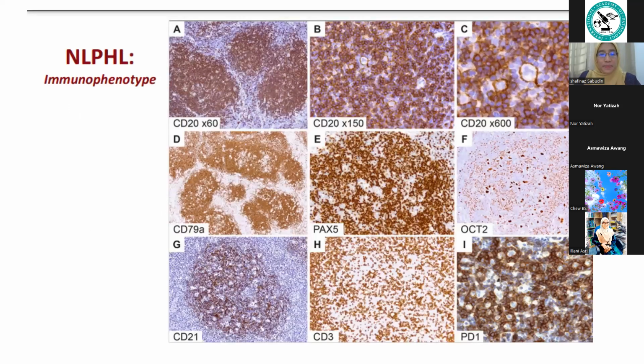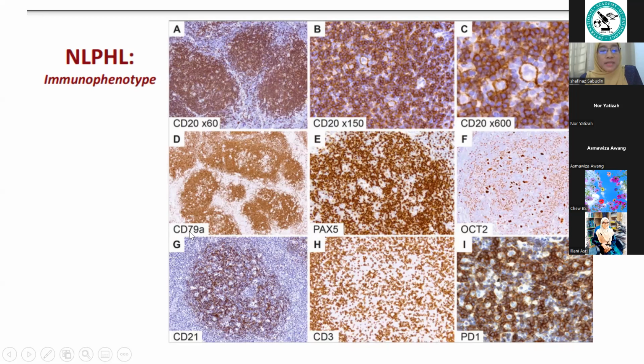Okay, these are some of the stains and how they look like under the IHC slides. The first row here is how CD20 highlights the nodular configuration and how it also stains the background, majority background B cell lymphocytes, as well as the LP cell.